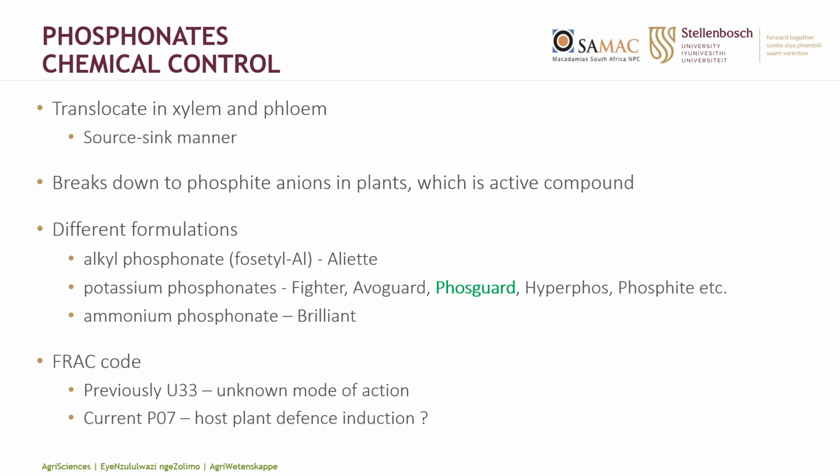But in the research arena, there is still a debate as to whether it's really only host plant resistance induction or whether it is more likely a combination of host plant defense induction and a direct toxic effect against Phytophthora.